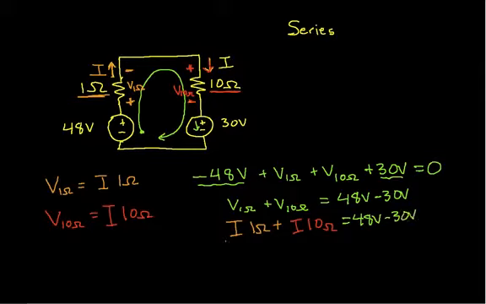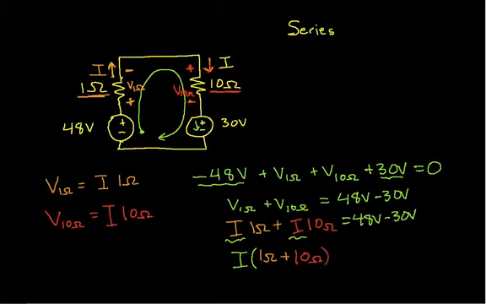Now I have an I here and an I here. I can factor both of those I's out to give me I times 1 ohm plus 10 ohms.